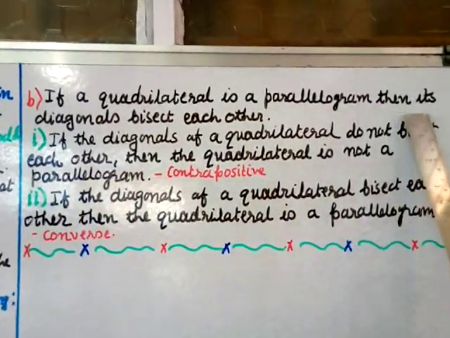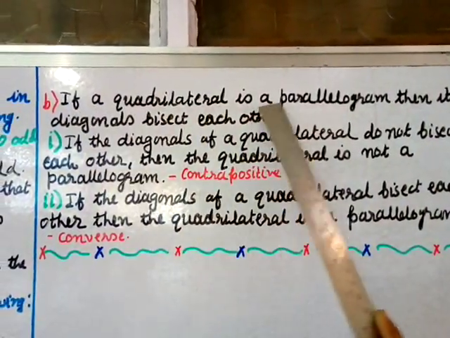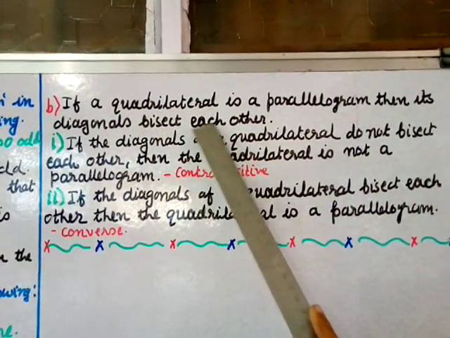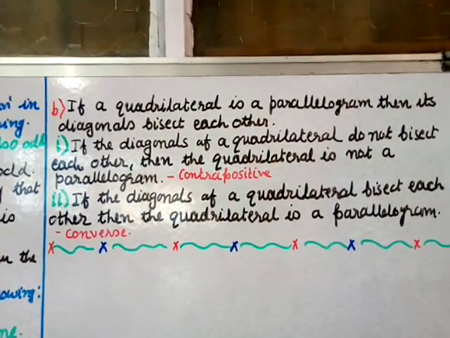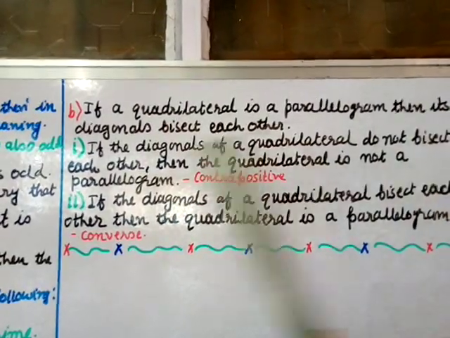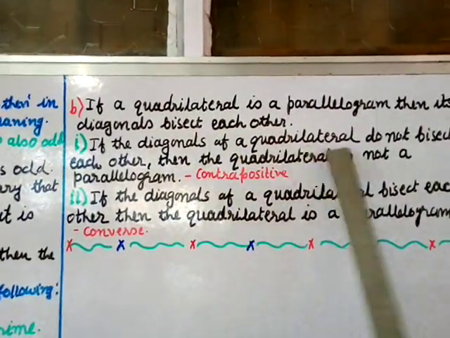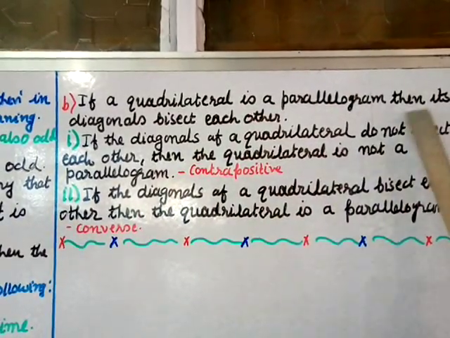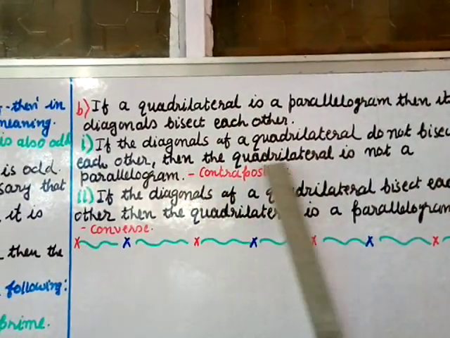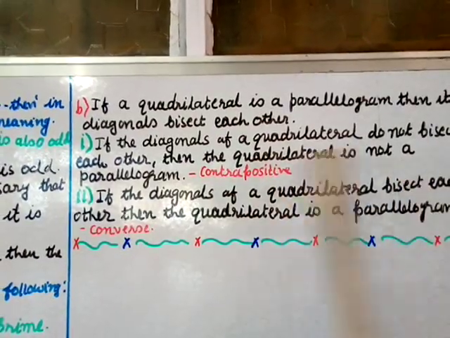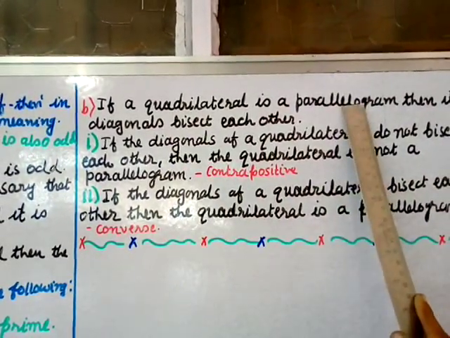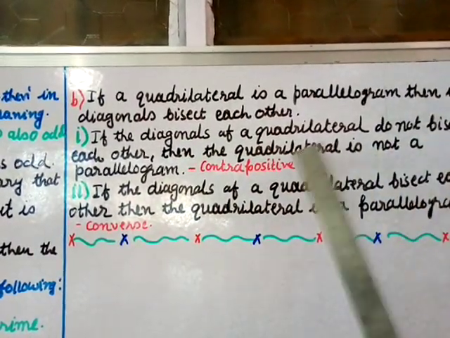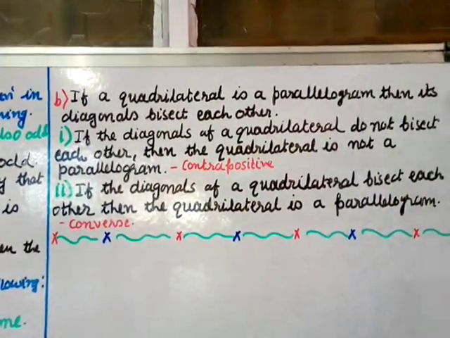In the given statement, a quadrilateral is a parallelogram is P, and its diagonals bisect each other is Q. Here we have the negation of Q and the negation of P. So not Q implies not P, that means this is a contrapositive of the given statement.